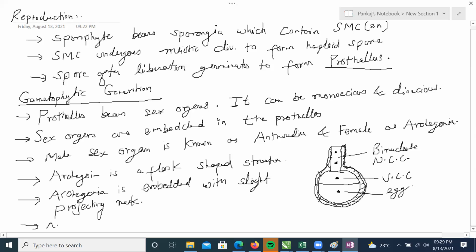And one more thing, the number of archegonia varies from 3 to 6. You see, the number of archegonia from bryophytes onwards is decreasing. In case of bryophytes, the archegonia were much more numerous. But here you can see the tendency of decrease in the number of archegonia. It has reduced to 3 to 6 only, right? So just write this down.